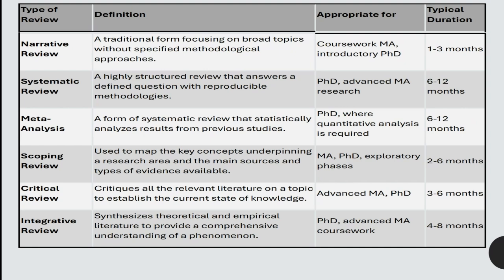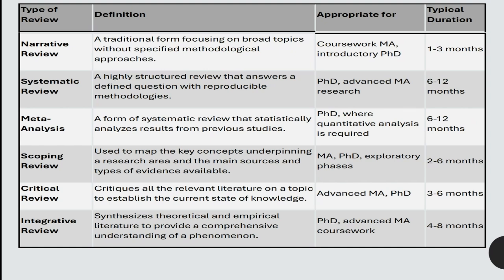Then a critical review, we'll discuss that in more detail tomorrow night, but it critiques all the relevant literature on a topic to establish the current state of knowledge. So for a critical review, you have a certain methodology, also more on an advanced level, between 3 to 6 months, but it doesn't take as much time, and the scope isn't as big as, for instance, a systematic review.